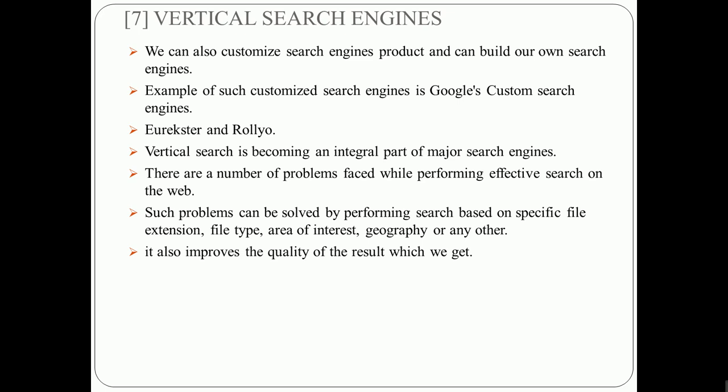It also improves the quality of the result which we get, and gives the best result to the user when they are moving to the site. So these are the things which we will consider when developing a particular website.